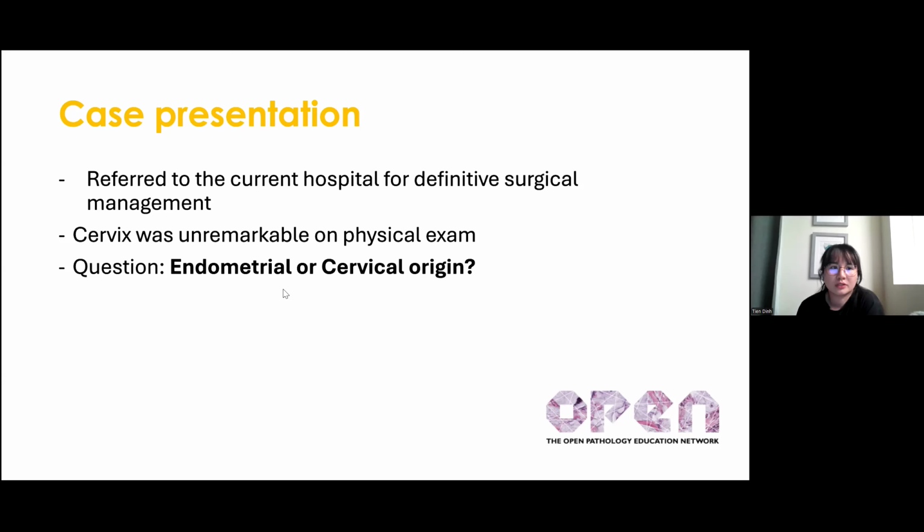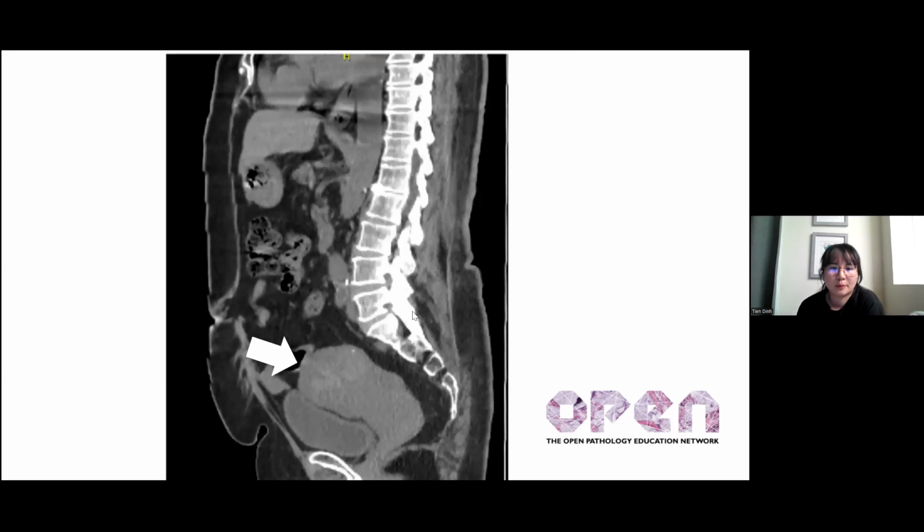However, even though she has a normal cervix, we couldn't rule out a cervical origin of this carcinoma. This is her abdomen CT scan. We can see a bulky uterus, and also we don't see the thin strip lining that we usually see in postmenopausal women. And also there's a lesion in the cervical canal.